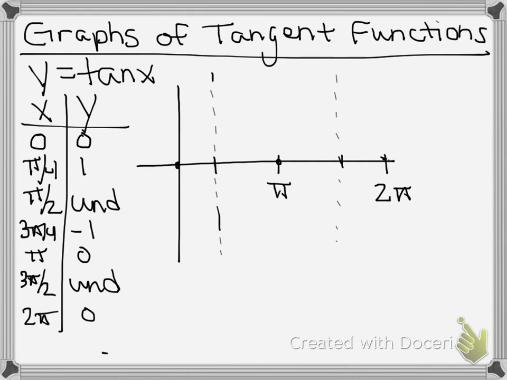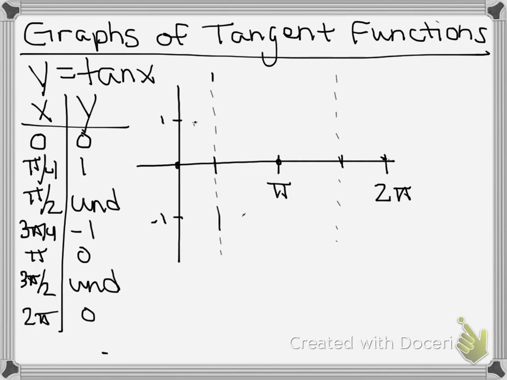So then let's think about, okay, pi over 4 is going to be in between 0 and pi over 2, and that's going to be 1. So I'm going to plot that point like right here-ish. Okay, and then 3 pi over 4 is going to be between pi over 2 and pi, and that's actually -1, and I'll make that down here. So I'll make this -1 and this 1.